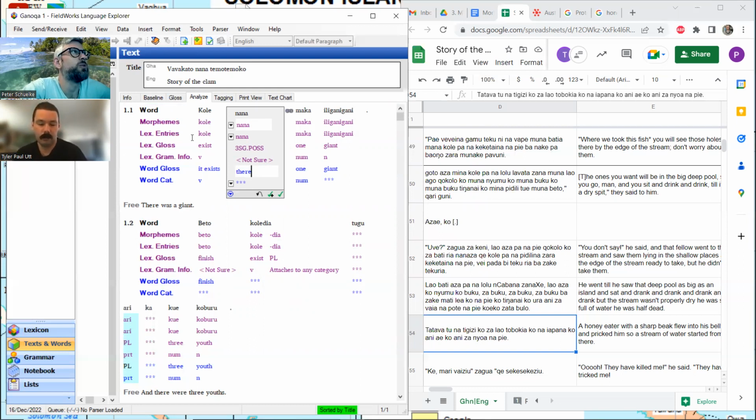We'd be looking for some sort of stress shift or something, because we aren't getting consonants touching each other. And for that matter, not really vowels either. Vowels touch internally to a word, but not so often in between words. A little bit. We get maka, iliganigani, but we're not getting such great evidence to know where a word begins and ends just from the orthography. So we're just going to go ahead and trust the people who wrote it, which was native speakers. Say Nana for some reason doesn't attach too heavily, and Dia does.